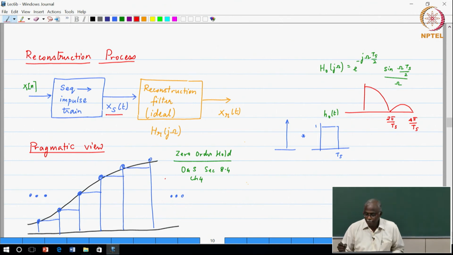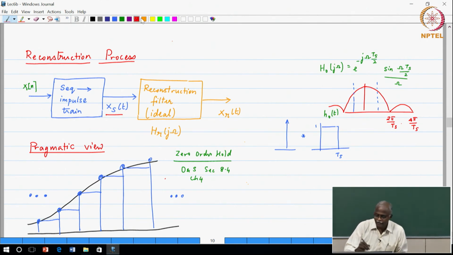From minus pi by Ts to pi by Ts. So a lot of the spectral effects of this sinc function are outside my range of interest. Now, where will that come from? That will come from the reconstruction filter. So the key point to note is that this rectangular waveform has a sinc response.